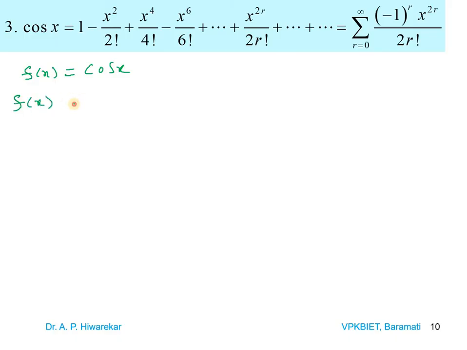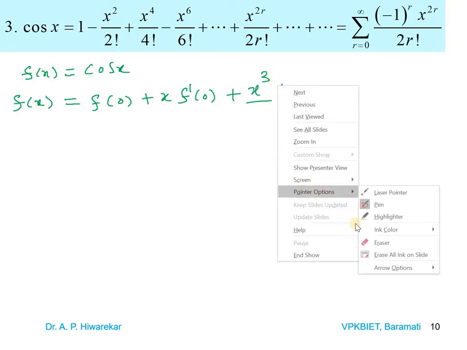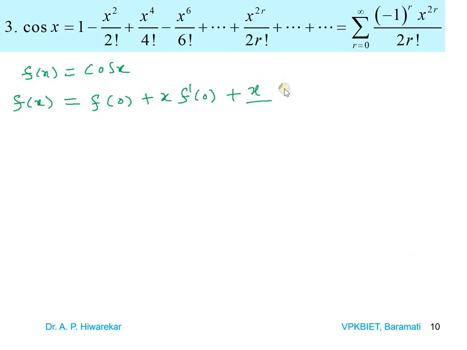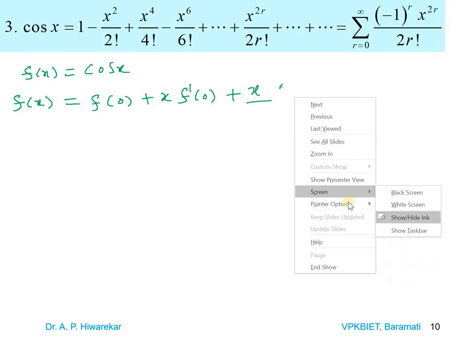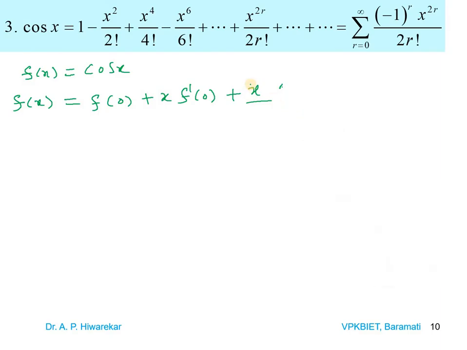The formula is f(x) is equal to f of 0 plus x into f dash of 0 plus x square divided by 2 factorial into f double dash of 0 plus x cube divided by 3 factorial into f3 dash of 0 plus and so on.